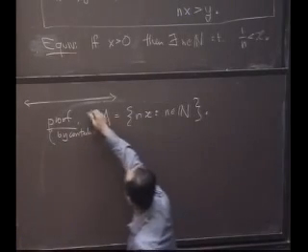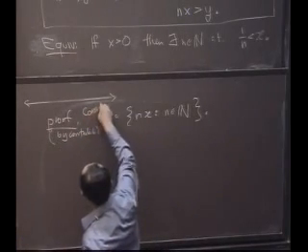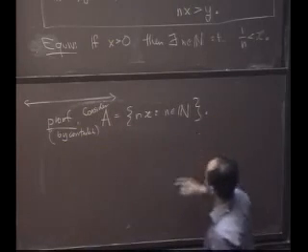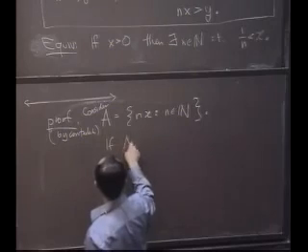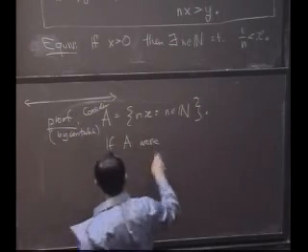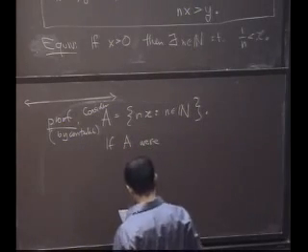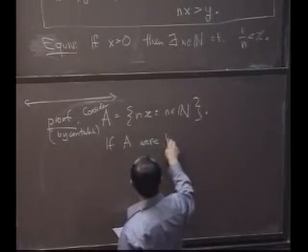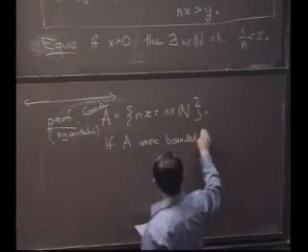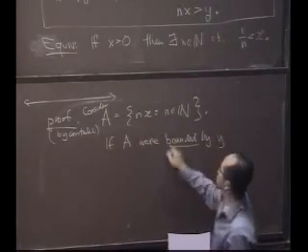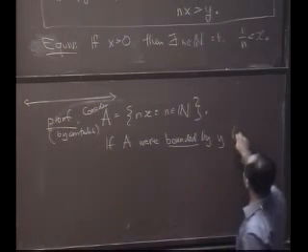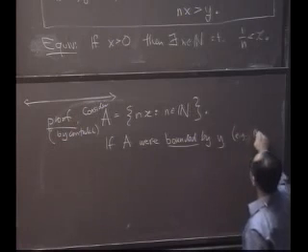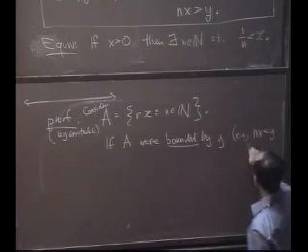Let's consider, so I'll make this a statement by saying consider A. If A were bounded by y, that's what it would mean for the statement to not be true, that y is bigger than everything. So in other words, nx is less than y for all n.